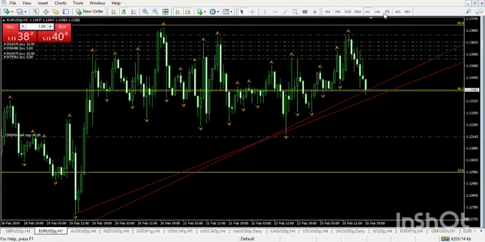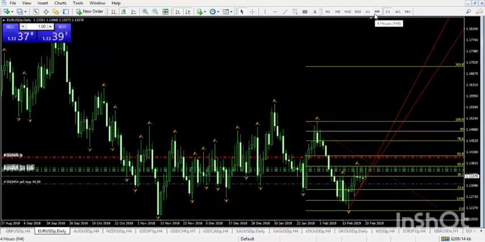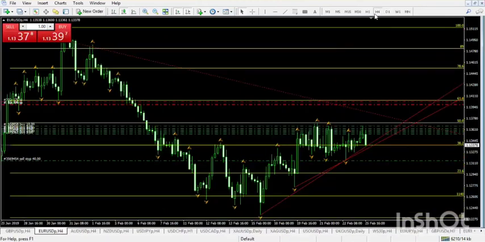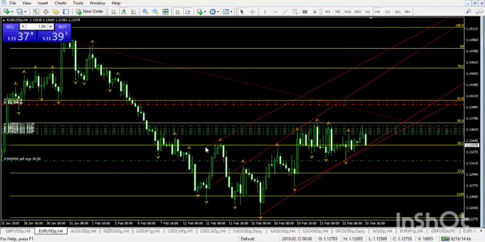But this is your third collision. But the resistance here is powerful. I think that it's going to come up to here. That is my analysis, based on the trend line that we drew.